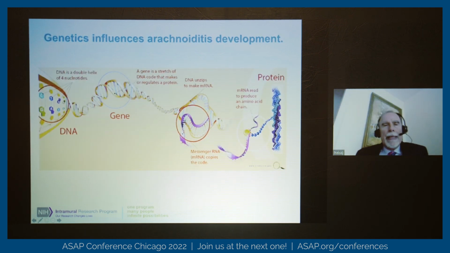So, some people can have trauma and they'll never have arachnoiditis. Some people won't even know they had trauma and they'll develop arachnoiditis. So we know genetics is involved. And of course, genetics is involved in everything. But what do I mean by genetics is involved? Well, genes regulate proteins, and the proteins that I'm usually talking about are enzymes.